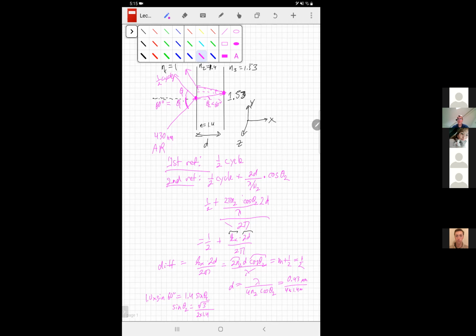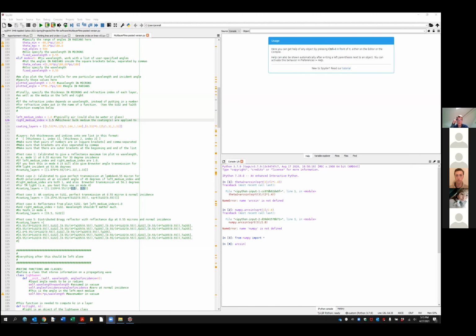You guys weren't seeing any of that, which is probably for the better. I was having some errors because I had forgotten to import some functions from NumPy. So theta 2 equals arc sine of square root of 3 divided by 2.8, and we get that for our answer.